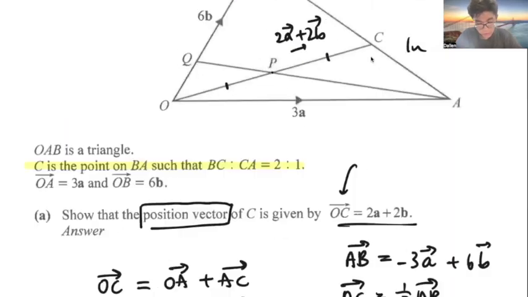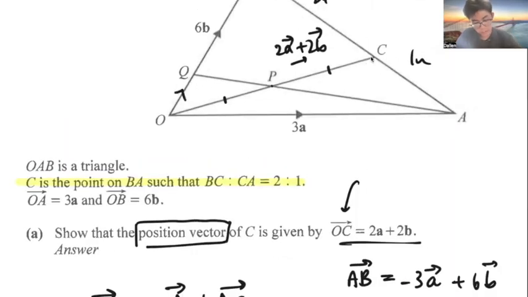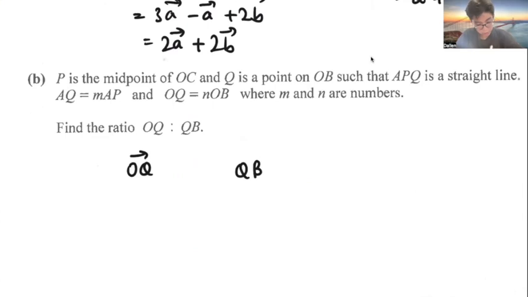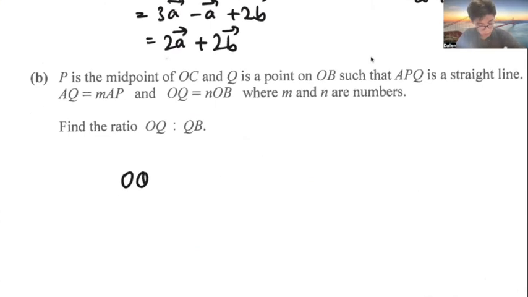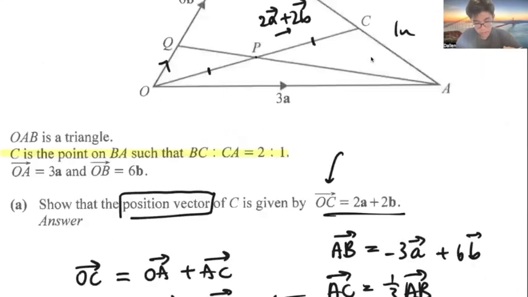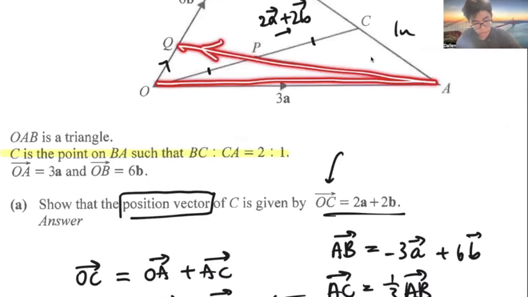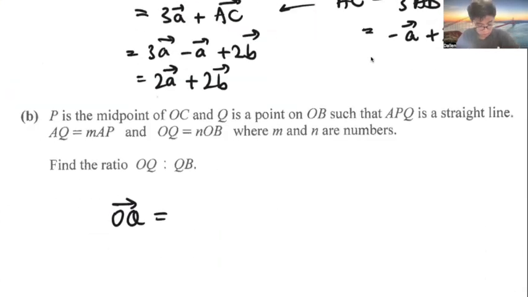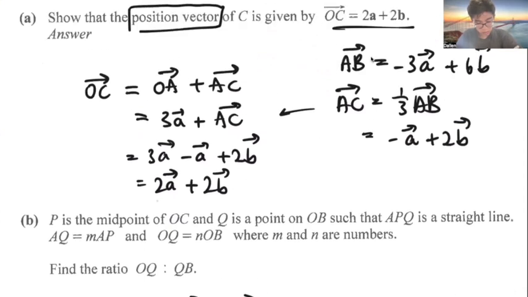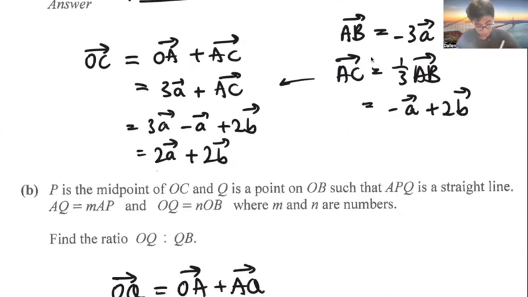So we'll start off by finding OQ first. Let's find an expression for OQ. Let's use OA plus AQ. OA is obviously 3A.